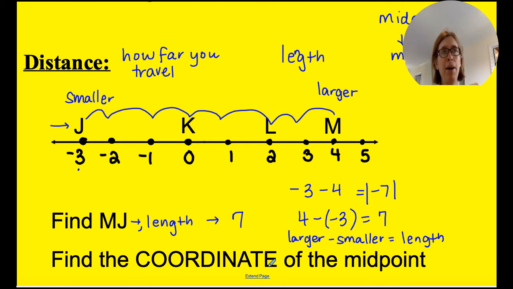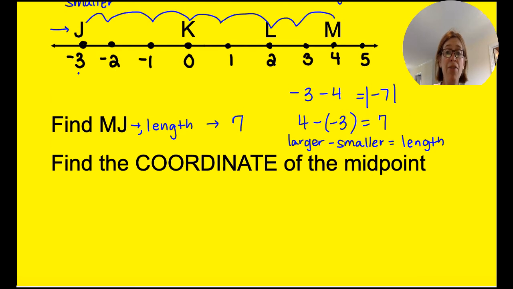Now I want you to think about middle. In pre-algebra, you learned about all different ways to find the middle. You learned the median, you learned the mean. Finding the coordinate of the midpoint is very similar to finding the mean, or the average, of points. So if I want to find the coordinate of the midpoint of MJ, all I'm going to do is find their average.